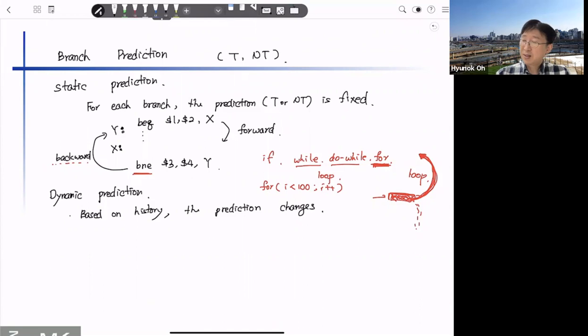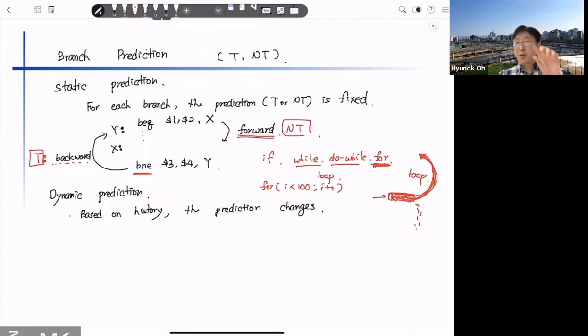So for the fixed case, jumping backward, we are using taken for the prediction. Because backward means that this is like a loop structure. In the loop structure case, taken is much better because many times it is jumping. The forward case is happening for the if statement. So for the forward case, normally we are using the not taken approach.